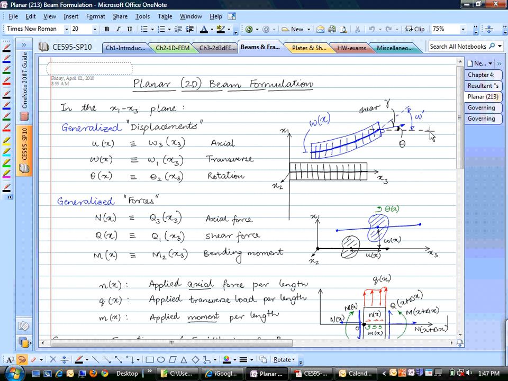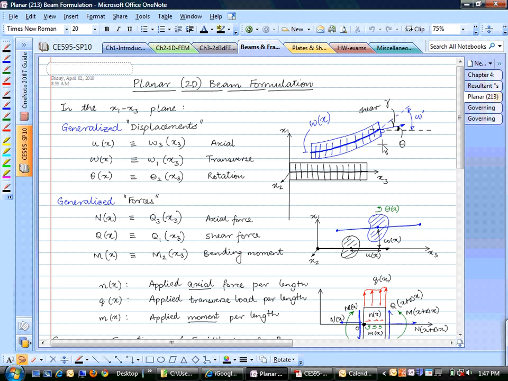I also told you about these 2 types of theories. When theta is equal to w prime, this normal vector will be aligned with the centroidal axis, and that theory does not allow for shear deformations. In general, what kind of beams can have shear deformation?